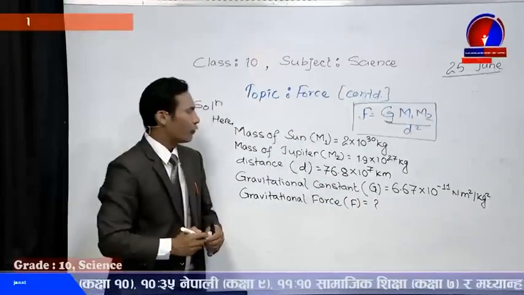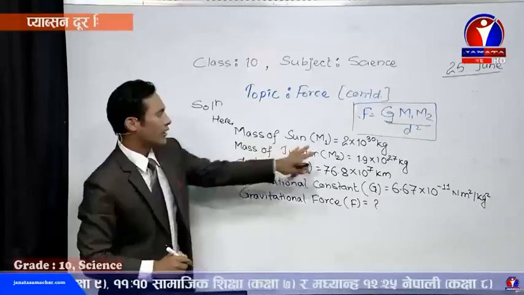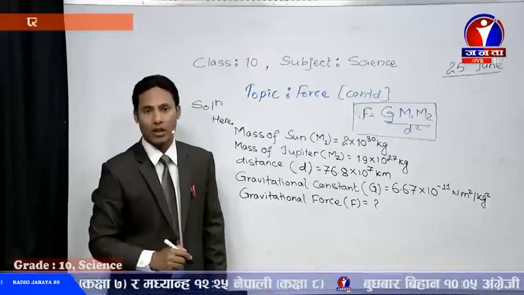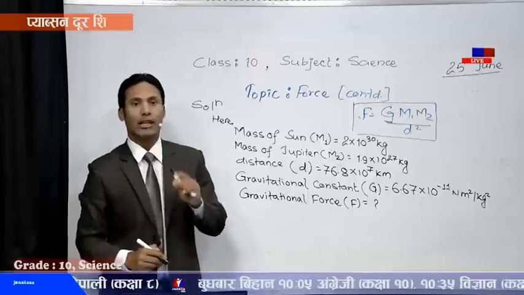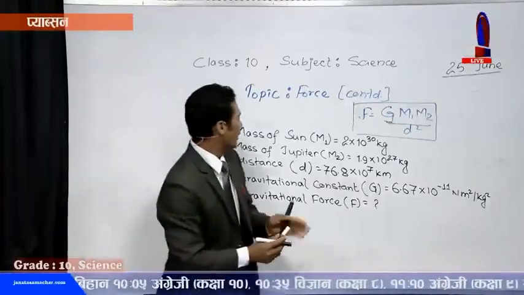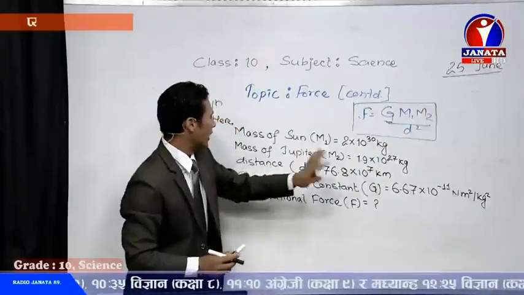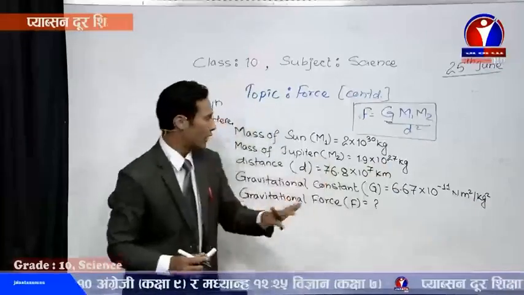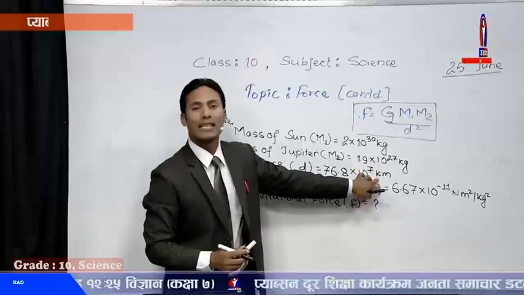Before solving this, we need to remember that all the units should be in the SI system before calculation. Otherwise, the calculation will be wrong. So let's check whether all the units are given in the SI system or not. Mass is given in kg, which is the SI unit. The other mass is also given in kg, which is okay. But distance is given in kilometer, which is not an SI unit.